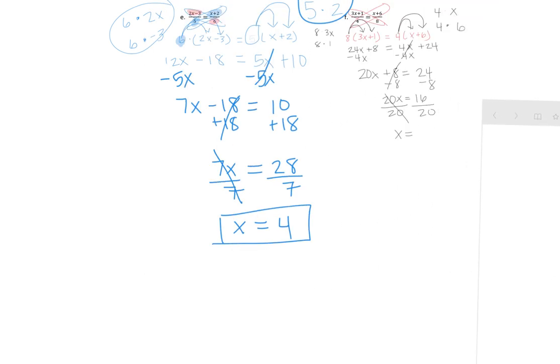So let's write our answers. So it's 0.8, or x equals 4 over 5, whichever answer.